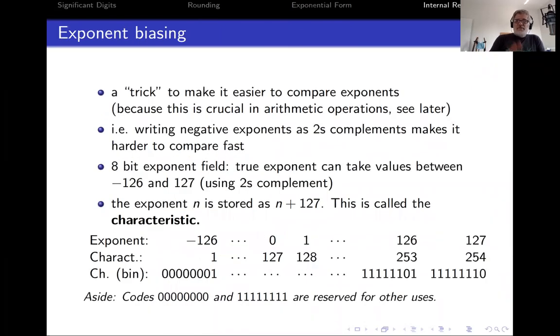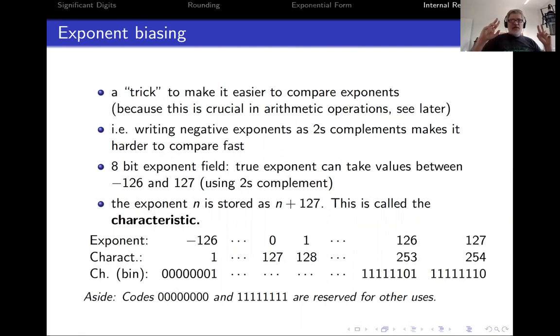Okay, all right. So now, exponent biasing. This is the last little thing before I work out the example. We've got the sign bit, that's easy. We've got the mantissa, all right. Now the exponent. If you remember, I said this first line in the slide says see later, but it's see before actually. When you are adding 2 numbers in exponential form, you have to look at the exponents and compare them, okay?